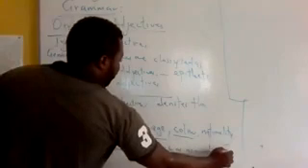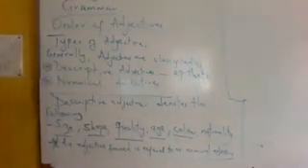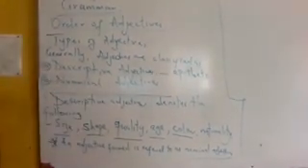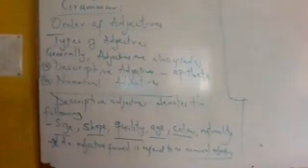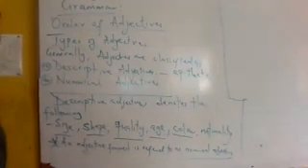So when you hear the word nominal adjective, you know that this is an adjective that is from what? From a noun, like beautiful. Are you getting me? It's gotten from the noun beauty. You know now beauty is a noun. So it's gotten from the noun beauty.